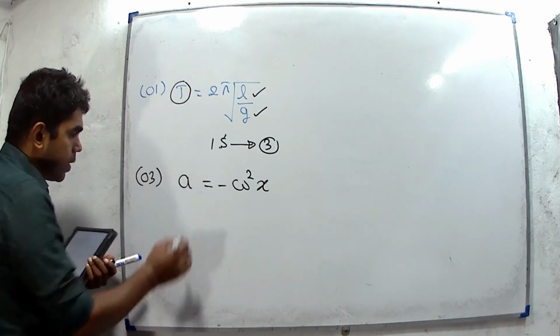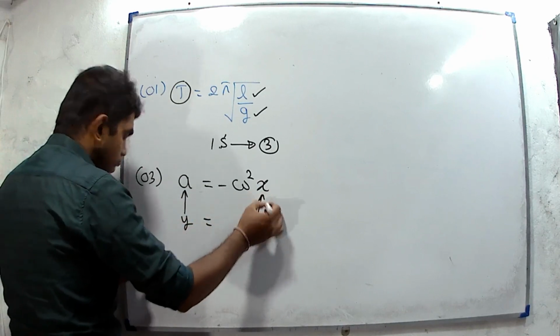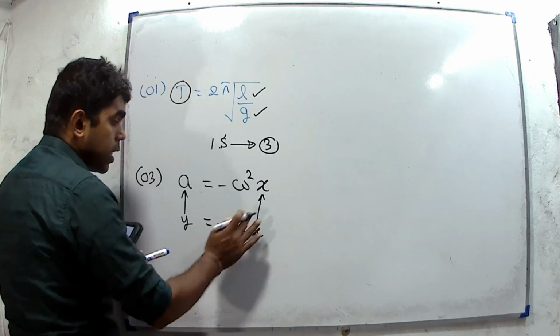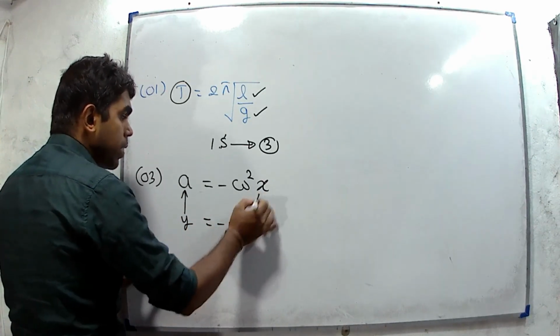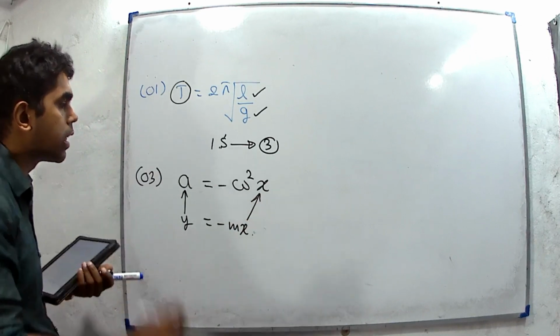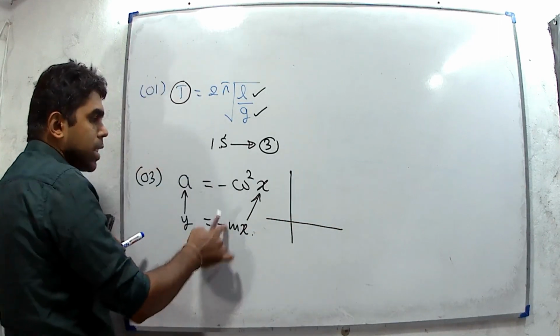Now they have given a for the y-axis, x for the x-axis. Then the shape is y equals minus mx. We have to select the y equals minus mx graph. Minus mx means there is a negative gradient.